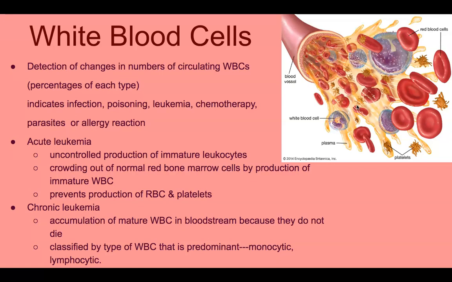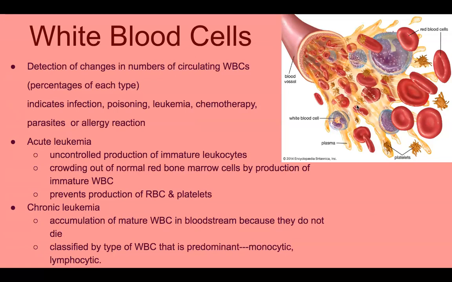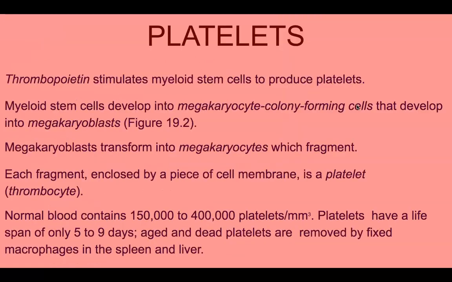Chronic leukemia is the accumulation of mature WBC in the bloodstream because they do not die. They are classified by the type of WBC that is predominant, that is monocytic or lymphocytic.